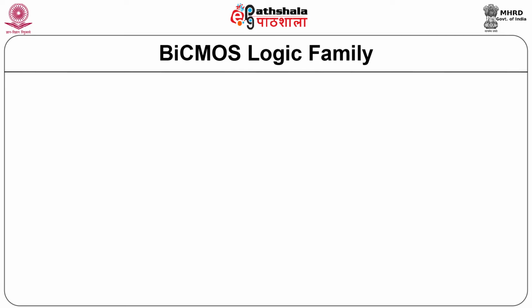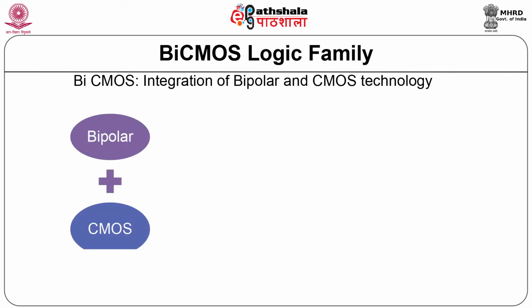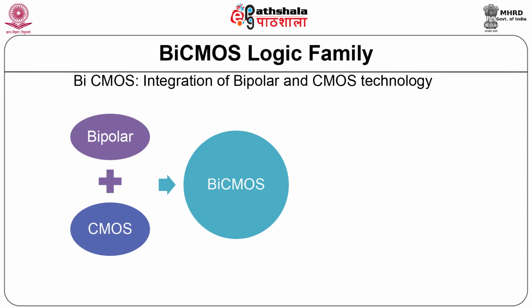BiCMOS logic family. In the BiCMOS logic family, bipolar and CMOS devices are integrated on a single chip. The objective is to derive the advantages individually present in bipolar and CMOS logic families.